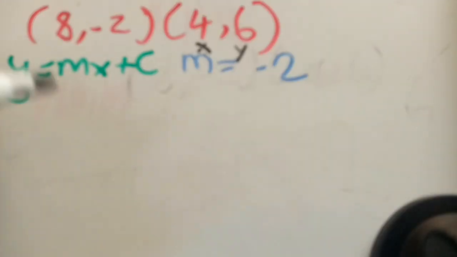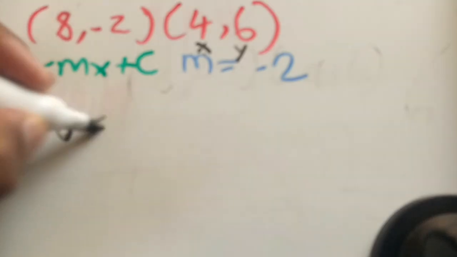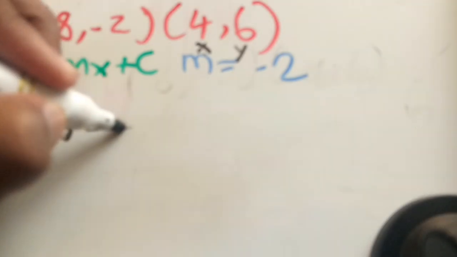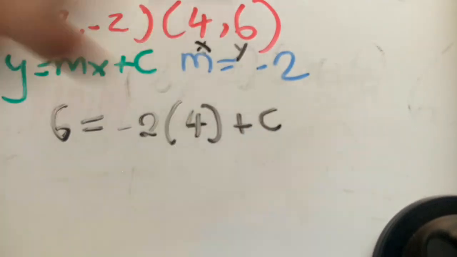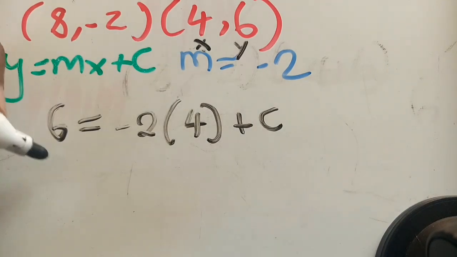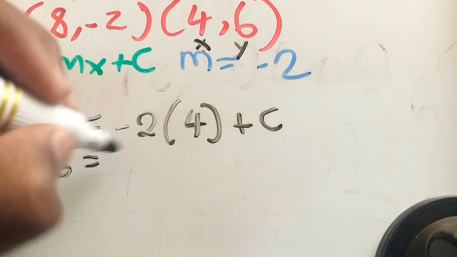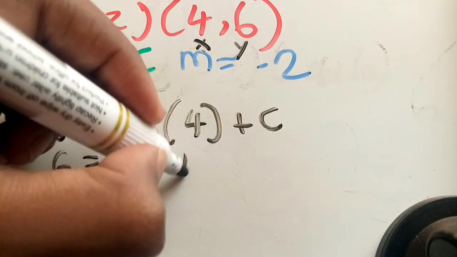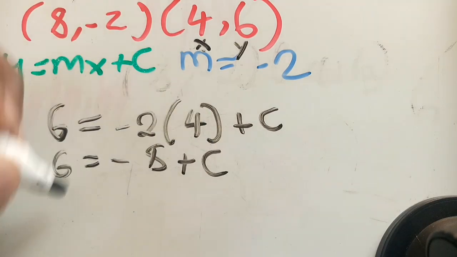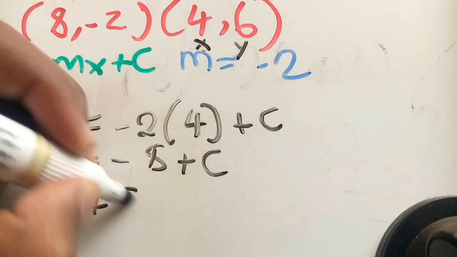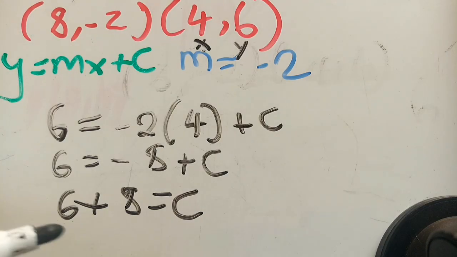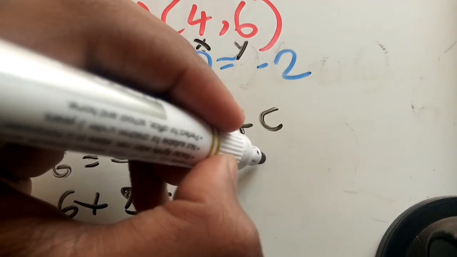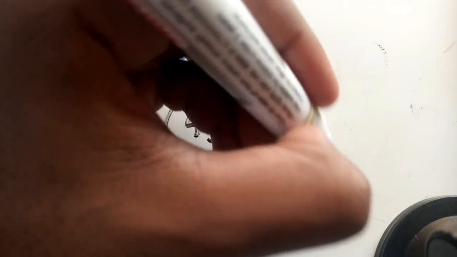So 6 is equal to our m, which is -2, times our x, which is 4, plus c. So 6 is equal to -8 plus c. If we take that to the other side, 6 plus 8 is equal to c. 6 plus 8 is 14. So our value of c is equal to 14.